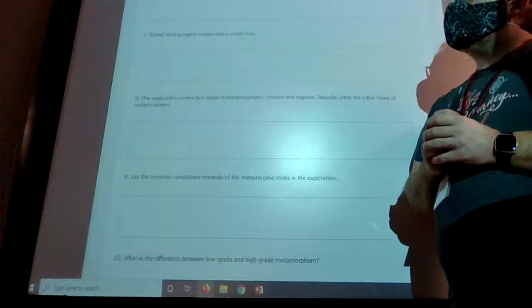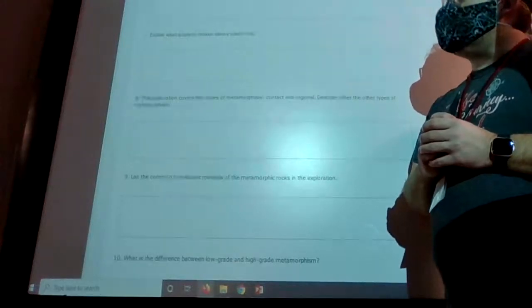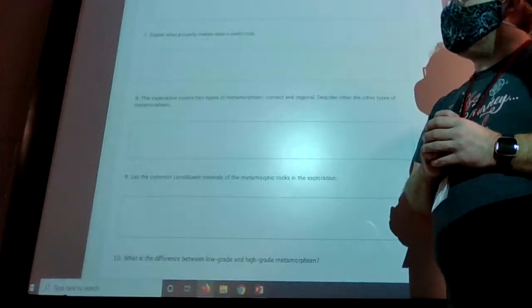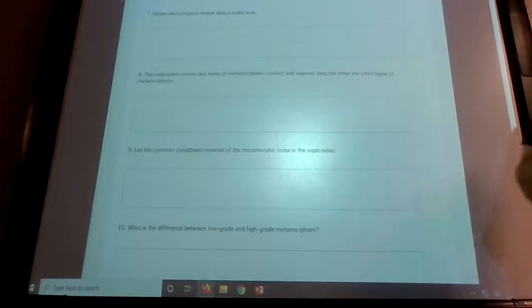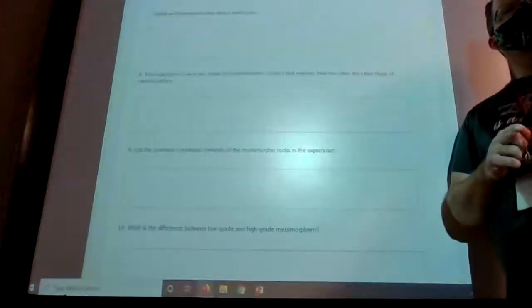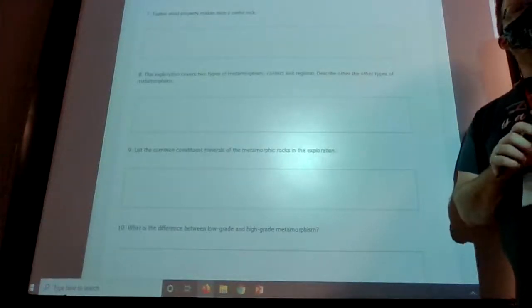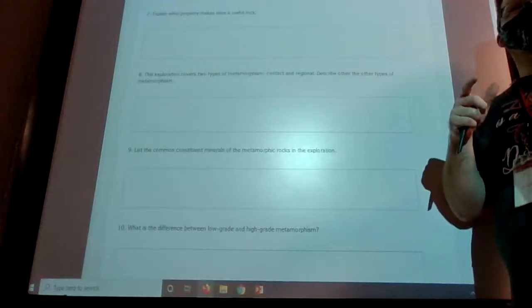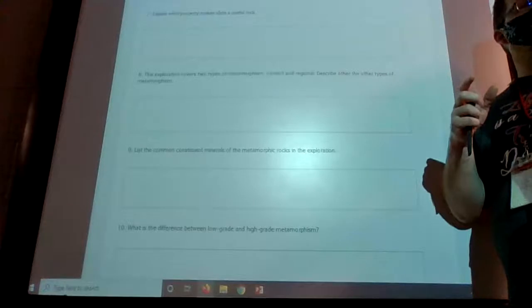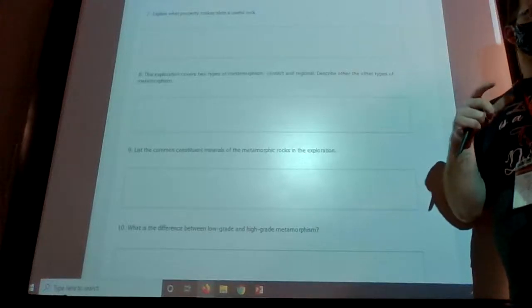Number 7, explain what property makes slate a useful rock. Okay, so slate. Does anybody remember? I spent some time telling you what we use slate for. Yes, houses and roofs. So if I want to make a roof tile out of slate, what kind of property could it have that's going to make that super easy?